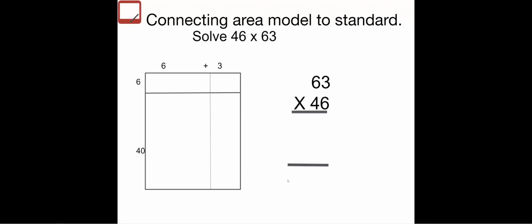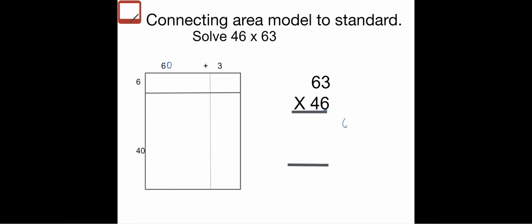Okay, one more problem before doing the problem set. 63 times 46. So the first thing we're going to start out with is the 6. And again, 60, forgot the 0 there, 60. Okay.